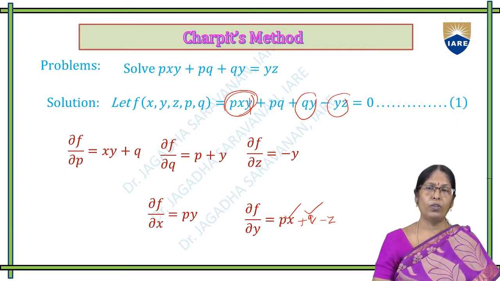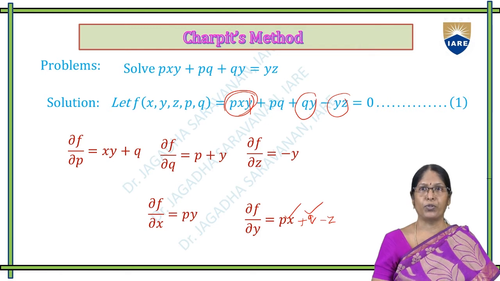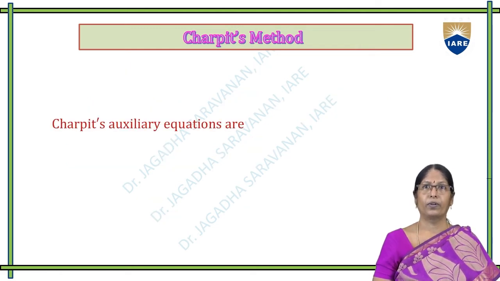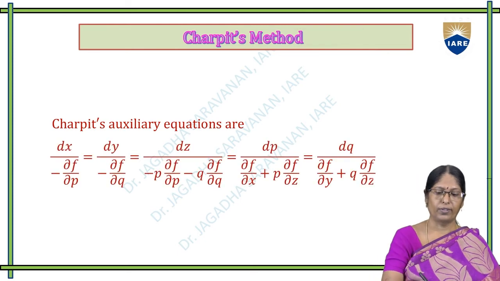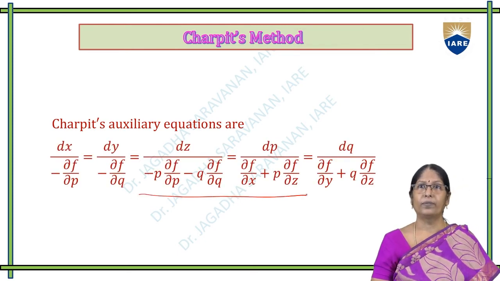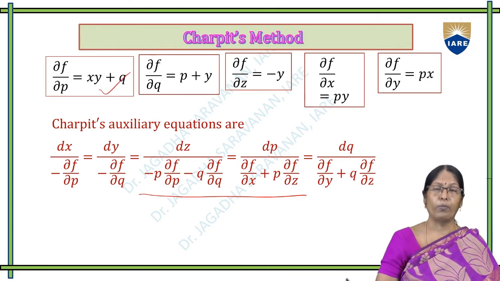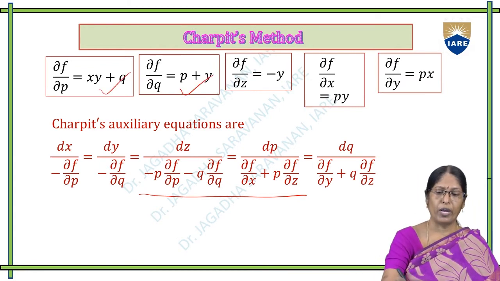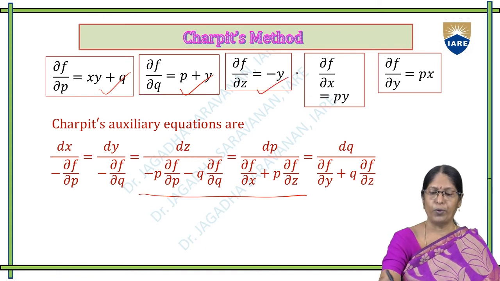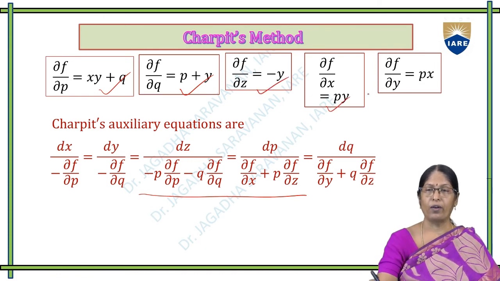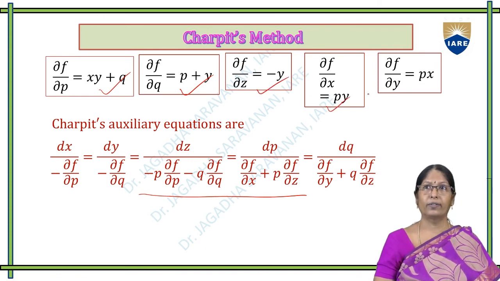So all these values we have to substitute in the Charpit formula. So this is the result. Here we got dou f by dou p, dou f by dou q, and dou f by dou z, and dou f by dou x.